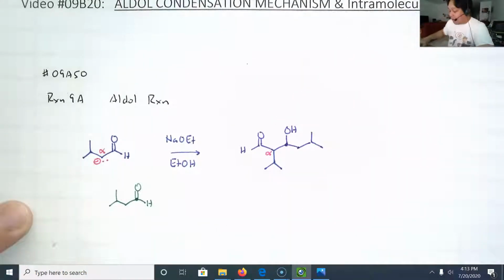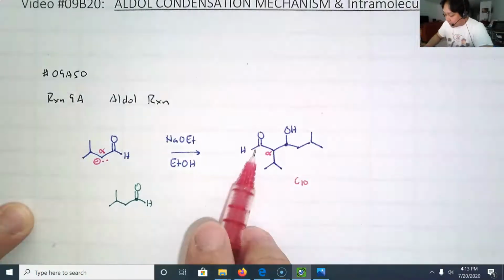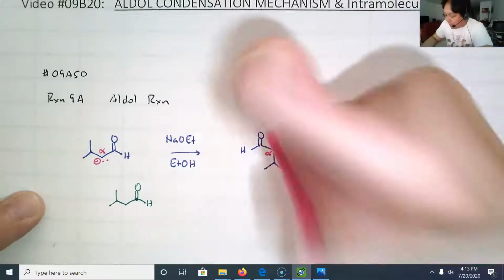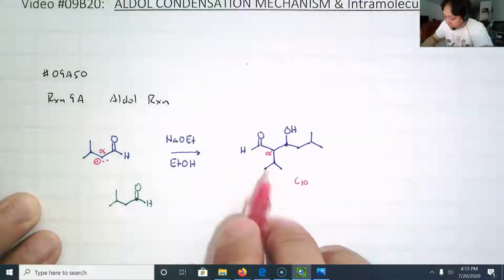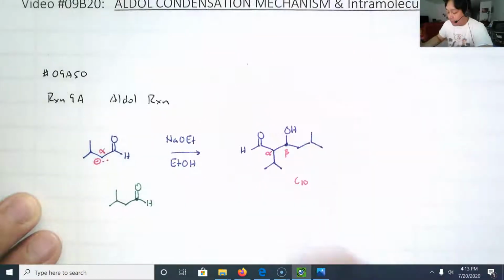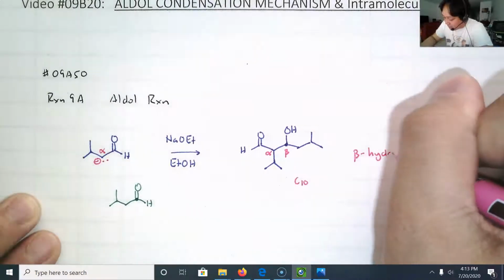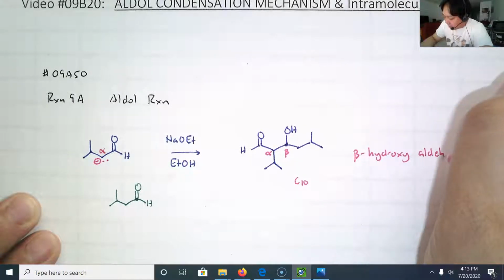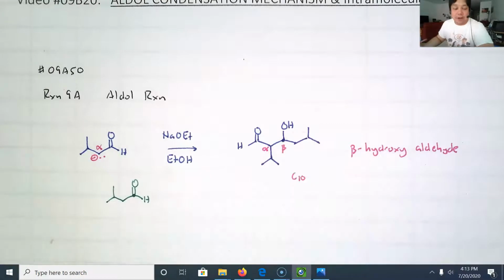There should be a total of 10 carbons, 5 plus 5: 1, 2, 3, 4, 5, 6, 7, 8, 9, 10. Also, if you do your Greek lettering with this being alpha, staying alpha, and this becoming beta, you do have a beta hydroxy, and in this case, aldehyde. And that's a good check to see if you did the aldol correctly.